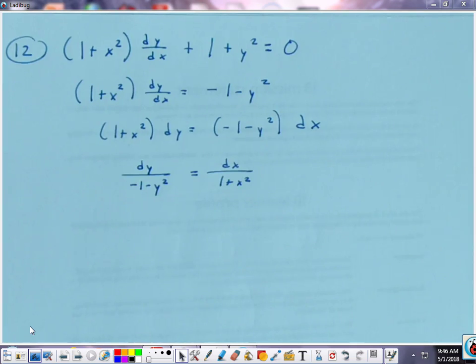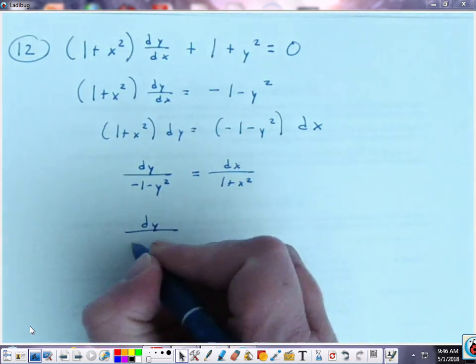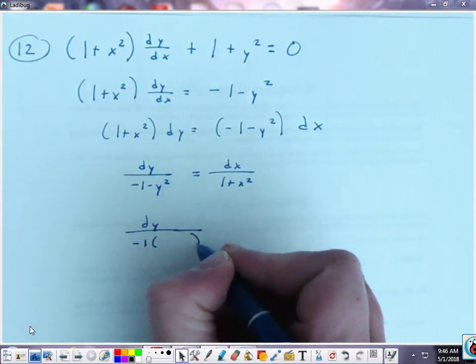I'm not enormously wild about the negative 1 minus y squared, so I'm going to factor a negative 1 out of that. And when I do, what will that leave me?